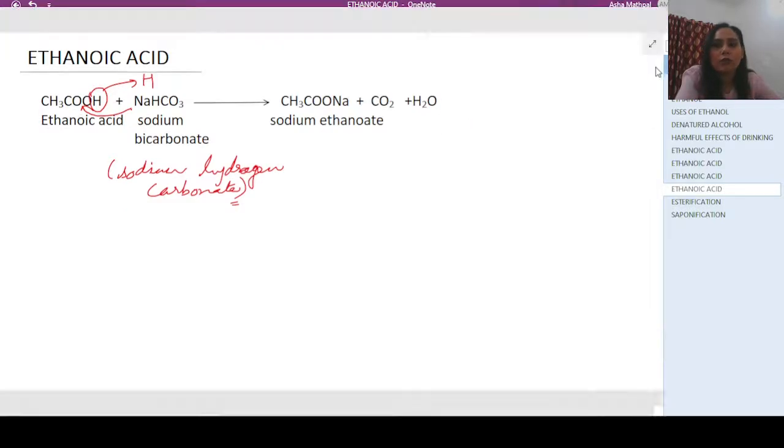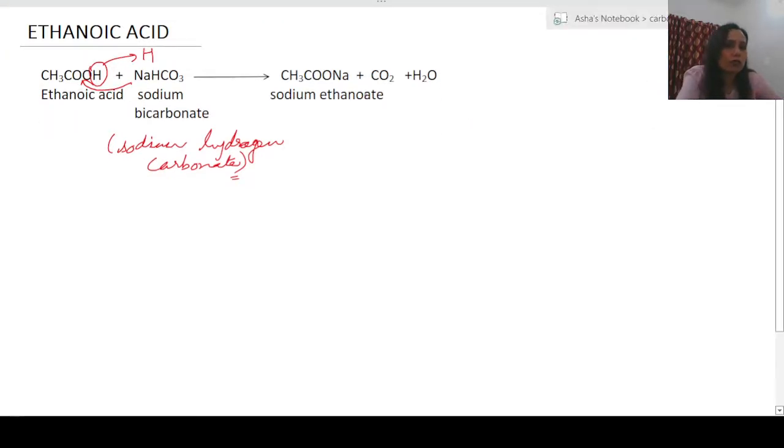Now the reaction of ethanoic acid with the sodium carbonate or with the bicarbonate is also used as one of its tests. So what is done is that the carbon dioxide gas which is evolved is passed through lime water.